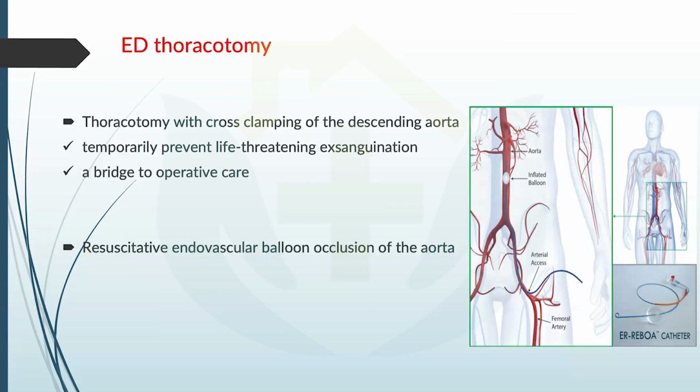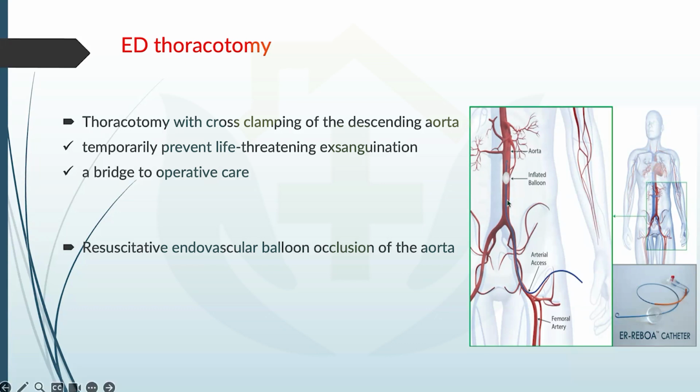There is something known as REBOA. Supposedly, if a patient has come with obvious bleeding and the source of bleeding is distal to the descending thoracic aorta. I will repeat myself. The aorta has mainly three parts: ascending, arch, and descending thoracic aorta, which continues as the abdominal aorta. If you have a bleeding structure lower than the descending thoracic aorta, you can occlude the bleeding by putting a retrograde tube or balloon through the femoral artery into the aorta and inflating the balloon cuff so that it occludes blood flow distal to the occlusion site.